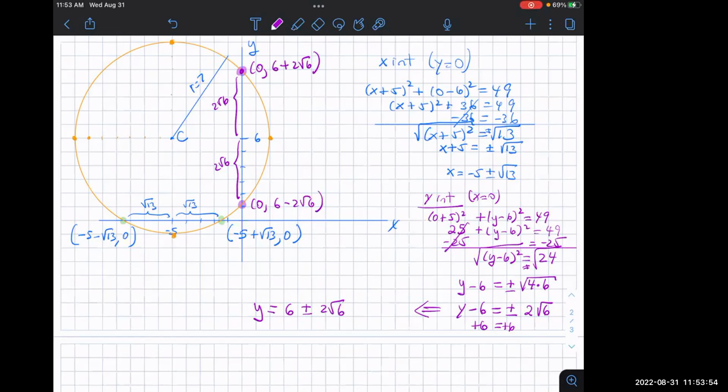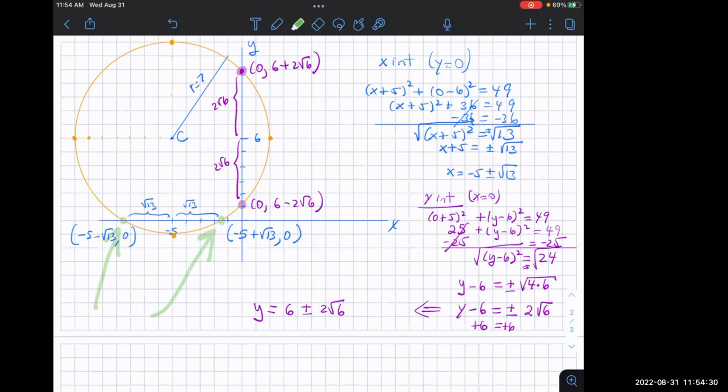I had one question. For the x-intercept part, I understand how you got x equals -5 plus radical 13, but on the graph, how did you know exactly where that was, the radical 13 and everything? Well, remember, I already had the graph, so I was looking for the x-intercepts. So what I got have to be the corners for those points.